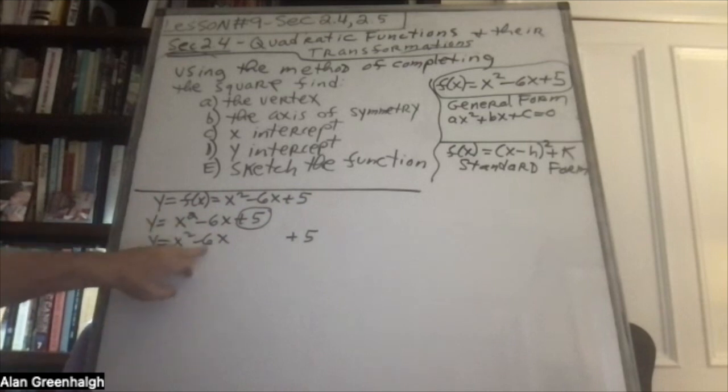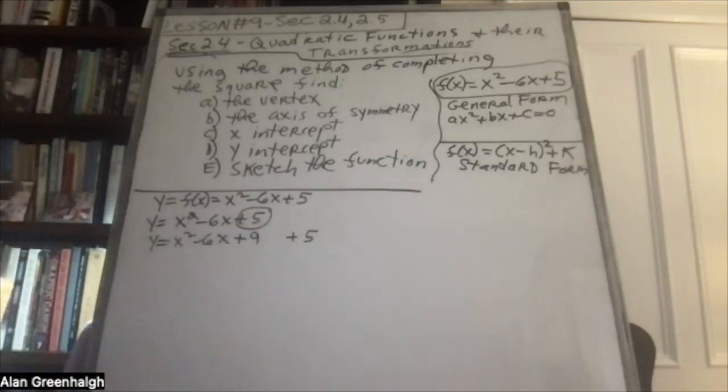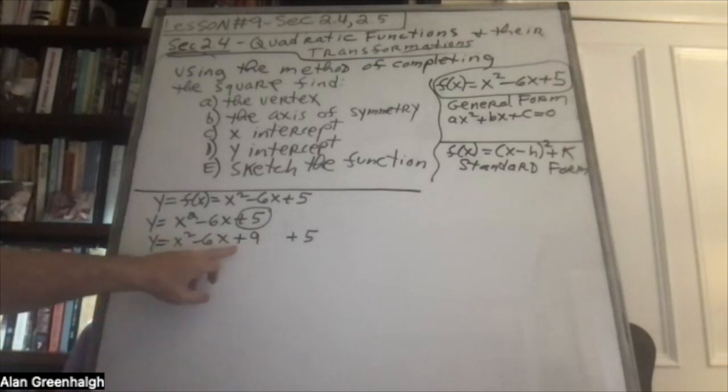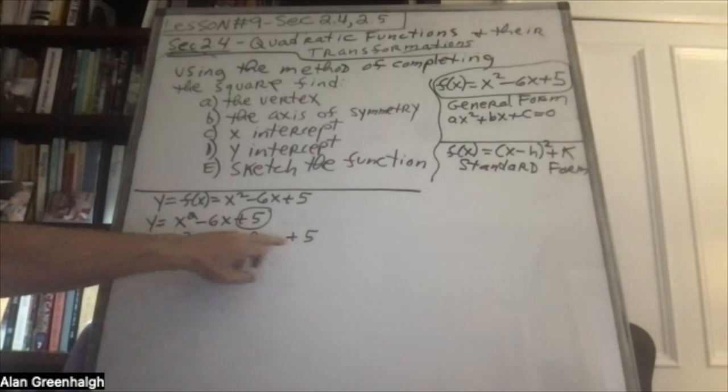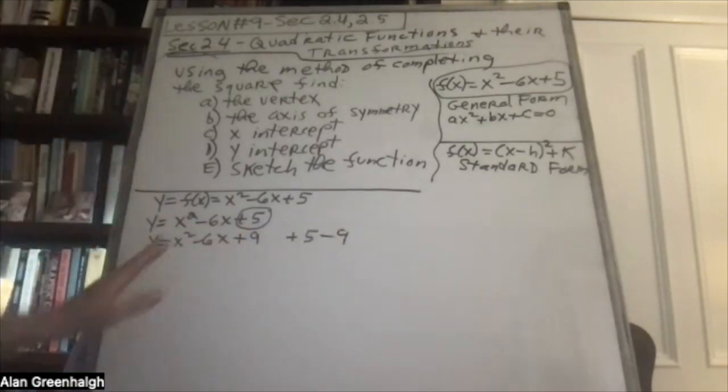Next step, we take half of 6. Remember the process. Half of 6 is 3, 3 squared is 9, and we add that on there. But again, you can't just add a positive 9 onto an equation without also subtracting the 9 over there.